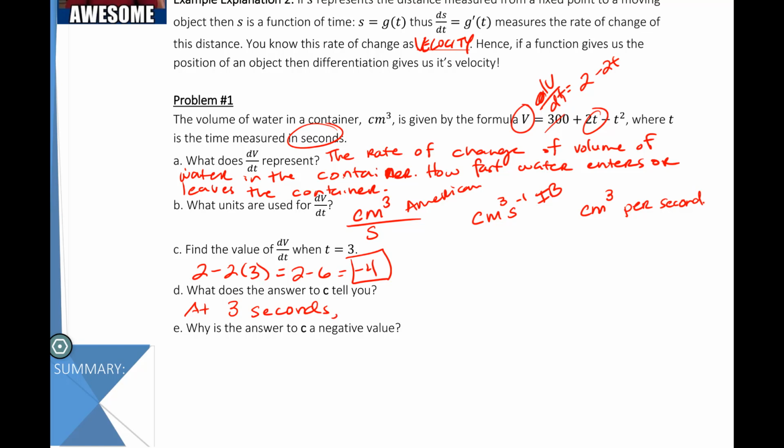What that means is at 3 seconds, the container is losing water at 4 centimeters cubed per second. Well, how do you know it's losing? Well, my rate of change was negative. That means that the volume is decreasing with respect to time. So that answers part E. Why is the answer to C a negative value? Because the volume of water is decreasing.